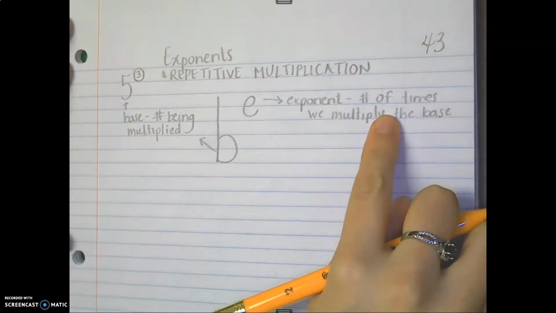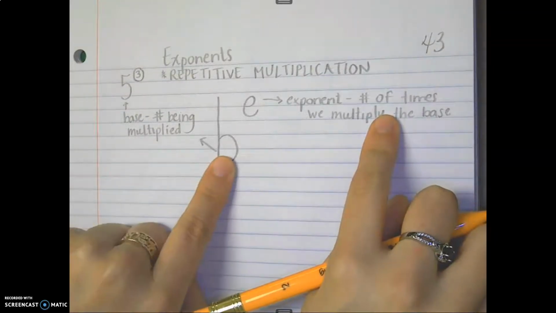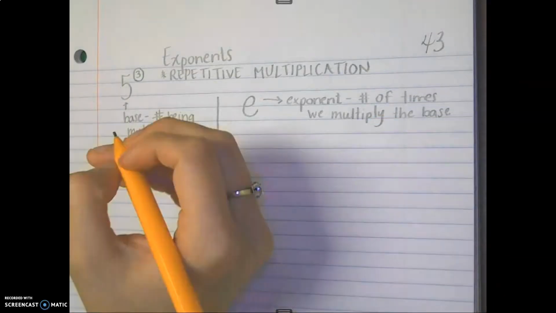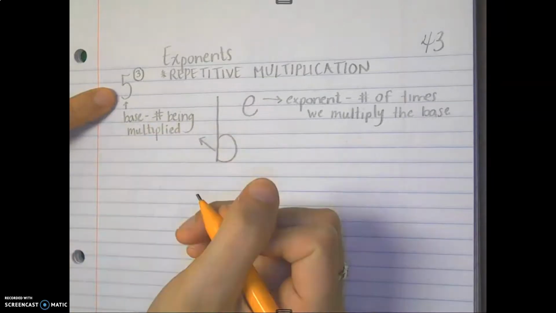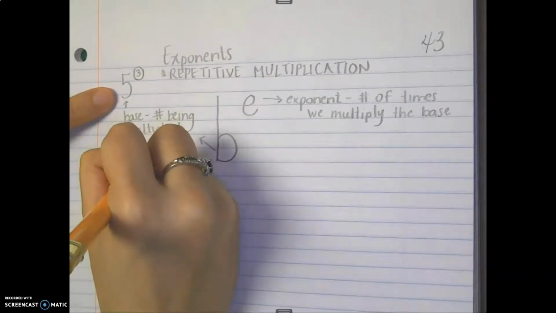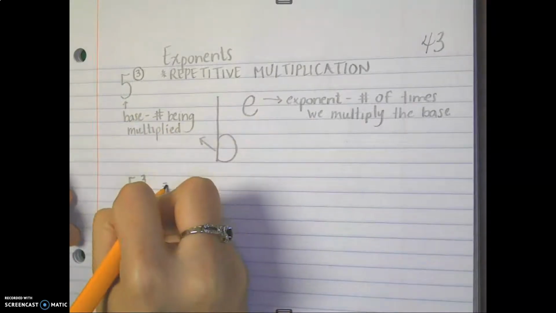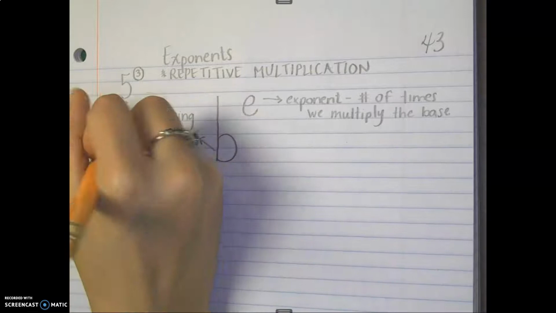So this is the number of times we multiply this number. So in this example, that means we would have the number 5, which is my base. So I'm going to rewrite it down here. So this is my power.